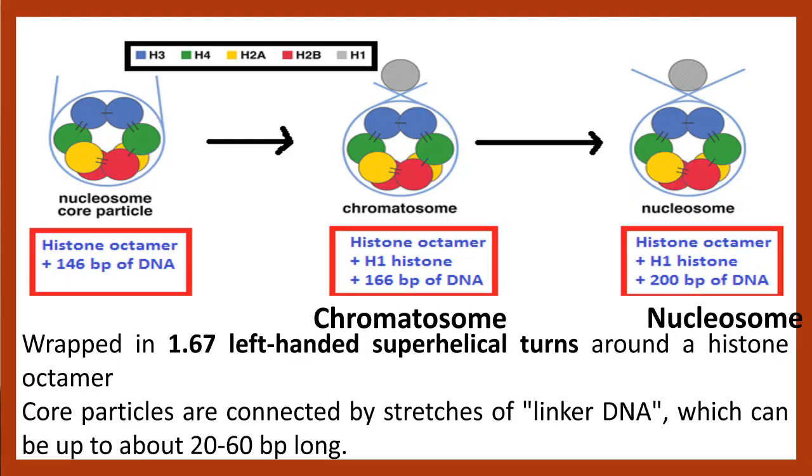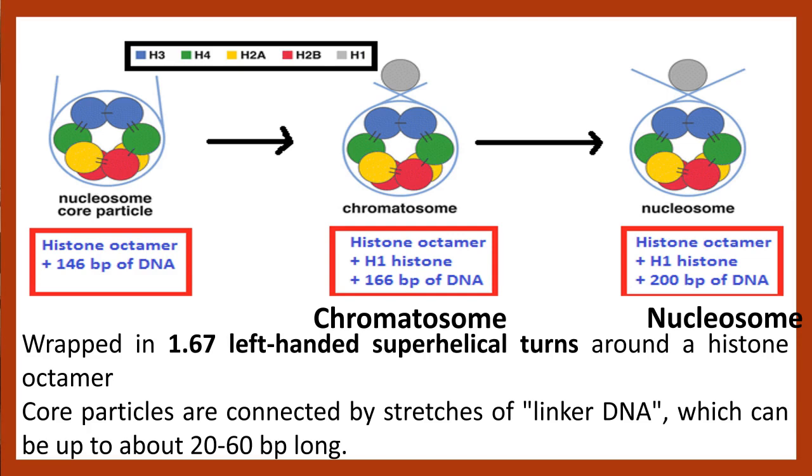If you see the structure here, histone octamer plus 146 base pair is called a nucleosome core. The nucleosome core of the octamer, where 146 base pair is wrapped, is the basic structure of the nucleosome.